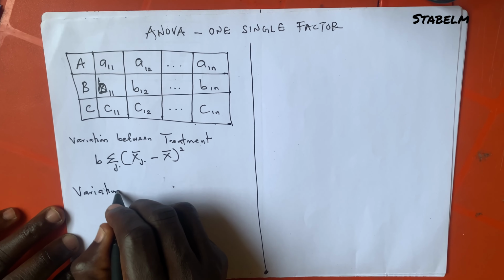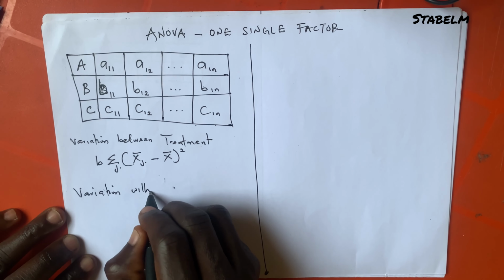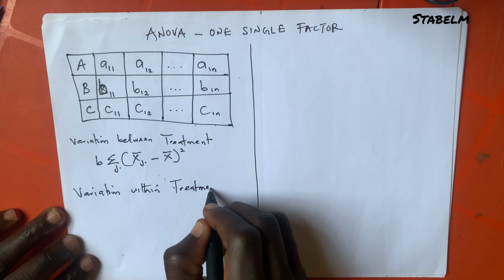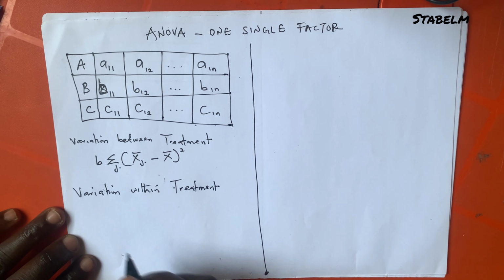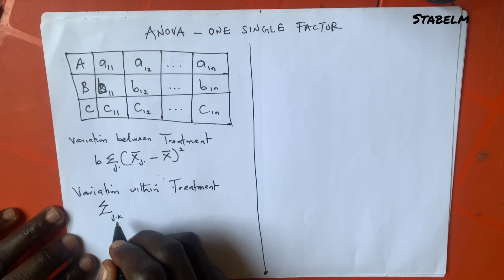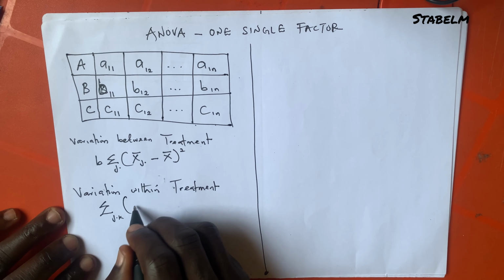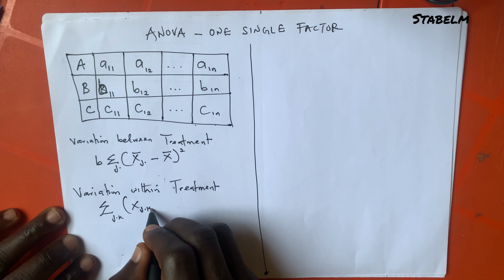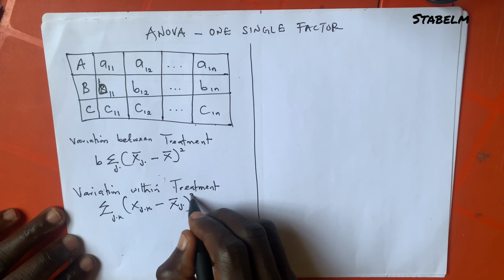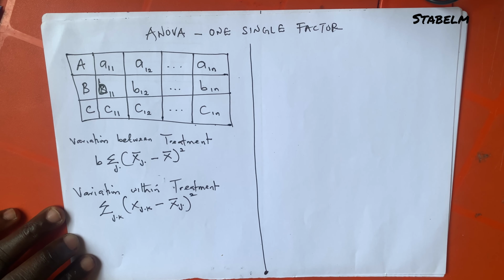All right, we also need the variation within treatment. Variation within treatment is given as summation over j, k of the bracket X j k minus X bar j dot, all squared. So what do we mean here?